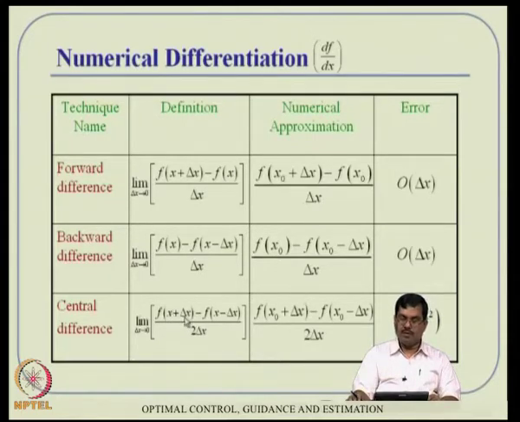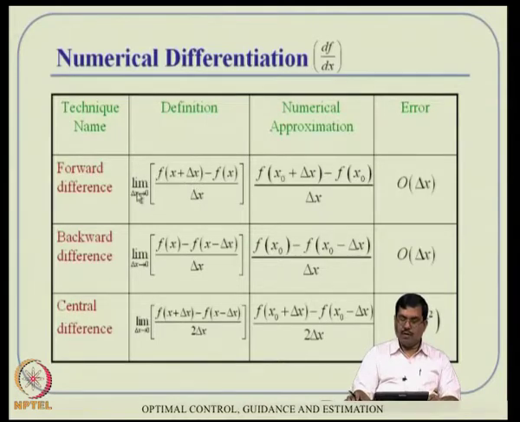You evaluate the function a little positive, then a little negative, and take the difference divided by 2 delta x. So numerically, if you want to approximate that, you have an x0 value, and you evaluate the function around x0 either on the positive side, the negative side, or both ways. Then it simply comes from the definition.